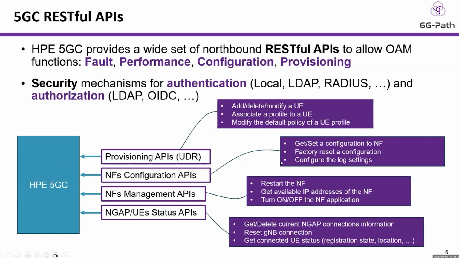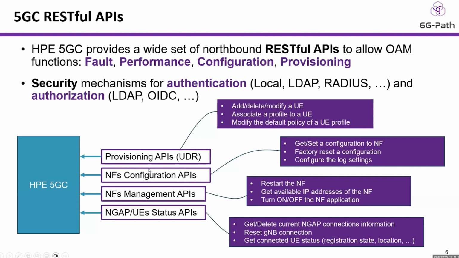And in this figure, I put some examples of actions that you can perform with some of them. For example, with the provisioning API, which mostly involves the UDR network function, you can create or delete a user equipment, a subscriber. You can also assign a profile to a specific user equipment, or modify its policy.